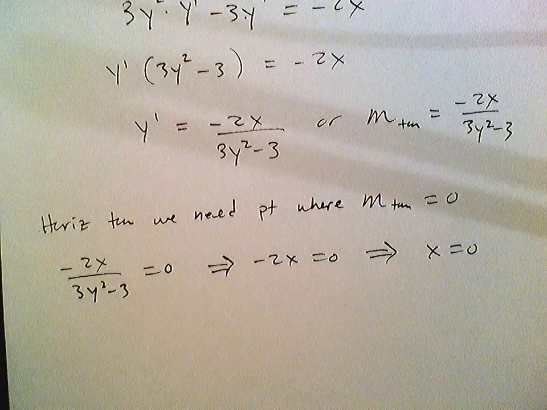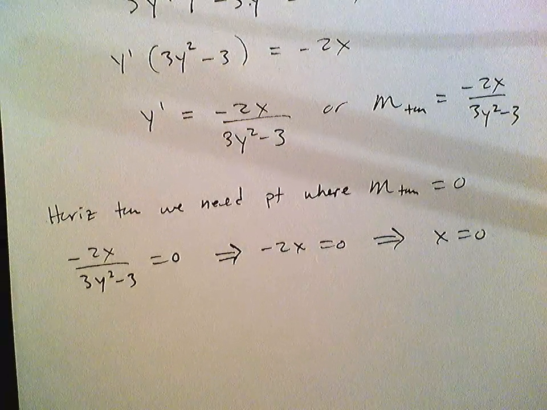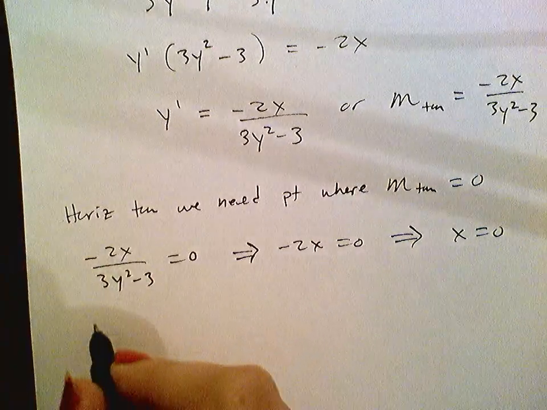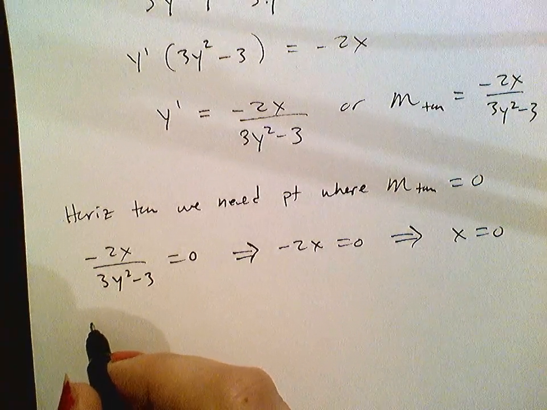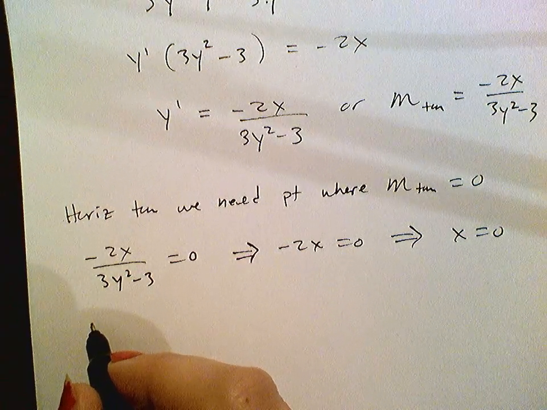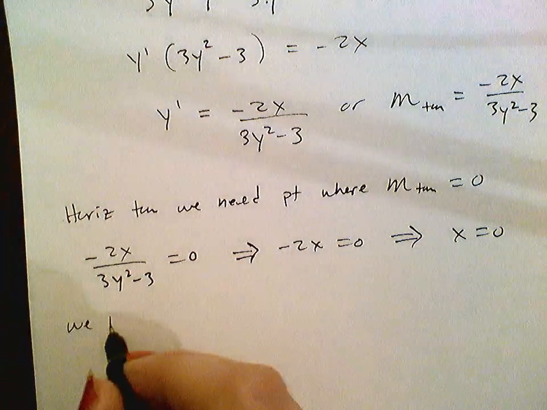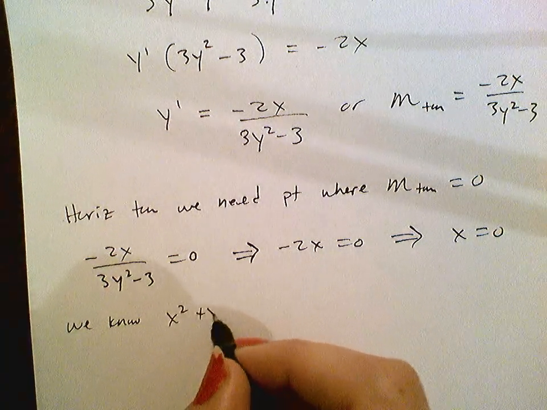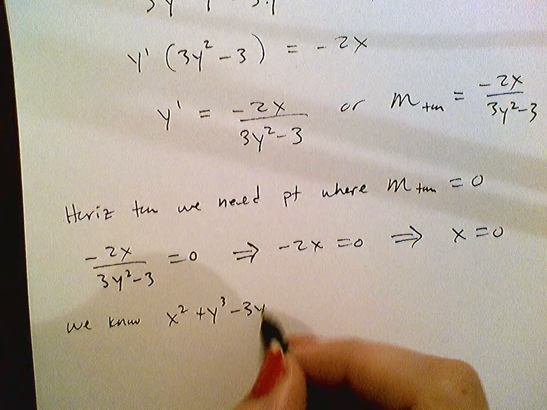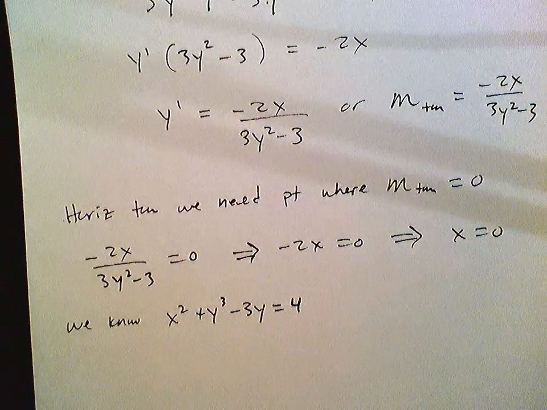All right, so I take the original equation, which is x squared plus y to the third minus 3y equals 4.